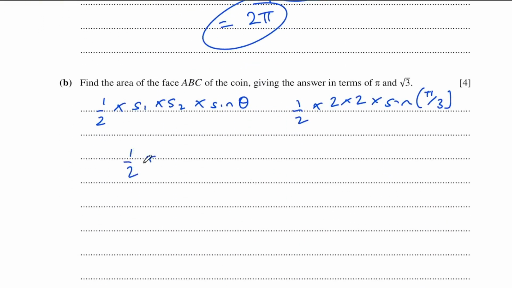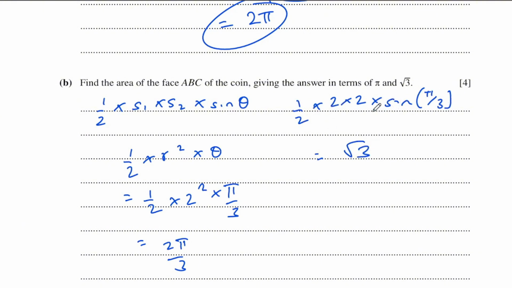So half times 2 squared times pi over 3. This is going to be 2 pi over 3, because 4 over 2 is 2. And sine pi over 3 is just root 3 over 2, so half times 2 times 2 times sine pi over 3 is just root 3.